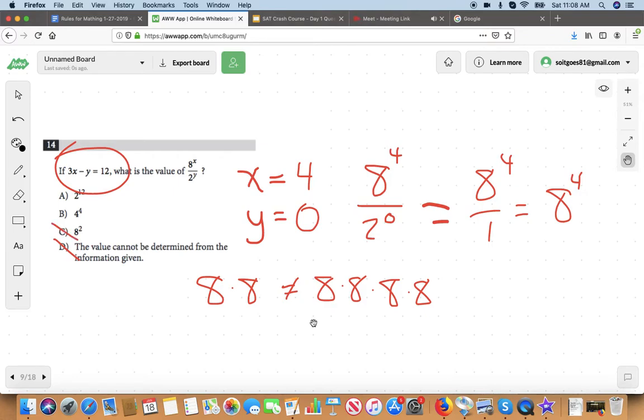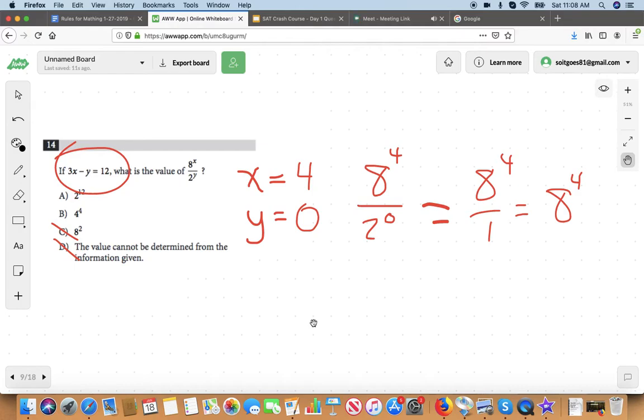What else can we eliminate with absolute certainty? Okay, so that's 2 to the power of 12 and then 4 to the power of 4.